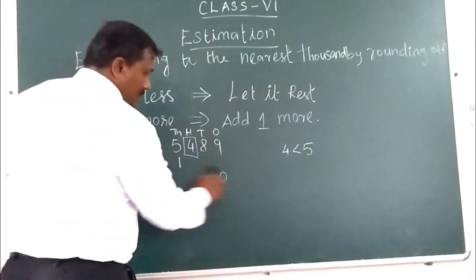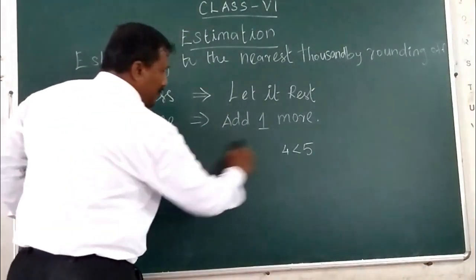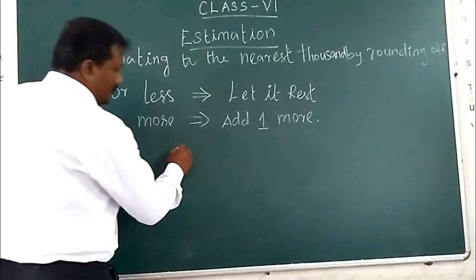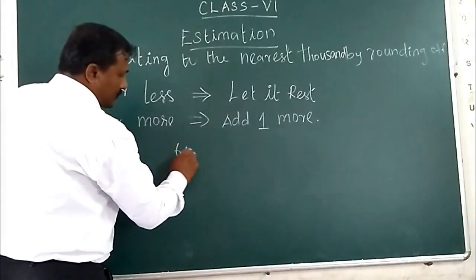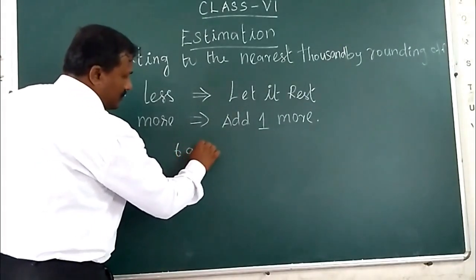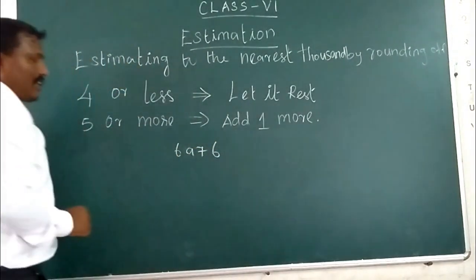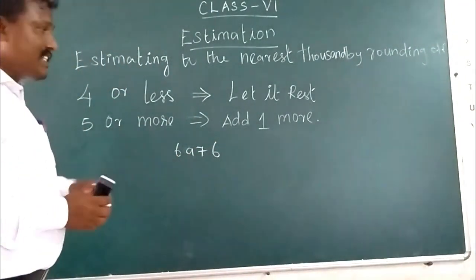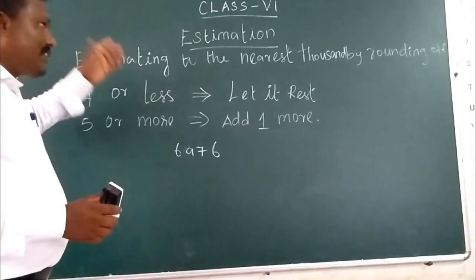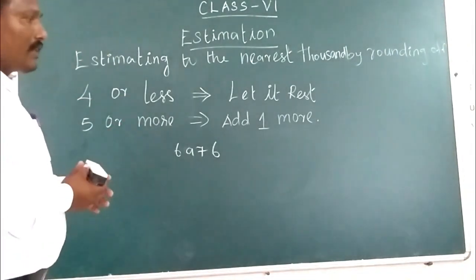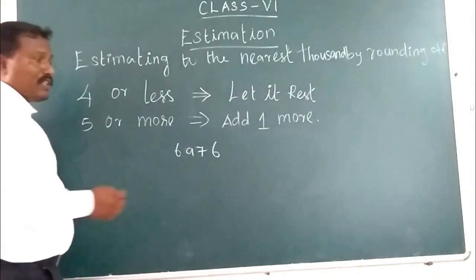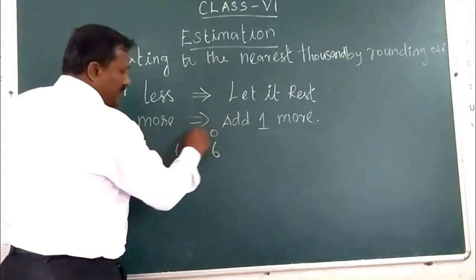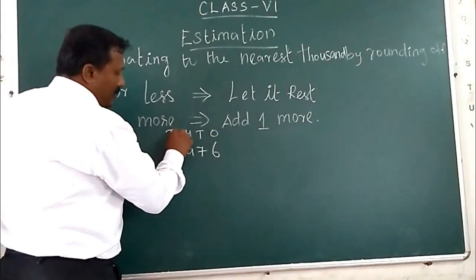Let me take another example. 6976. Round off to the nearest thousand. First step, as I told you, put the place values: ones, tens, hundred, thousand.